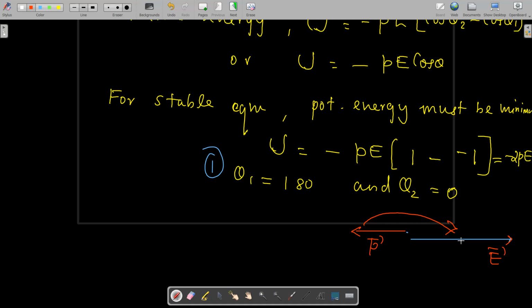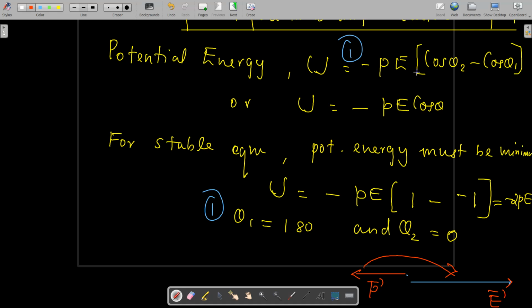It should orient from 180 to 0. That is, it should come like this, vector E and vector P. This is the meaning of rotating from 180 degree to 0 degree. This is according to our first equation.